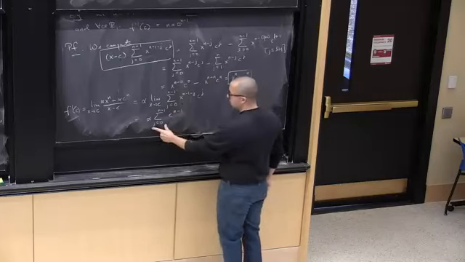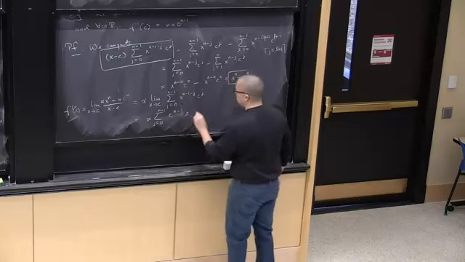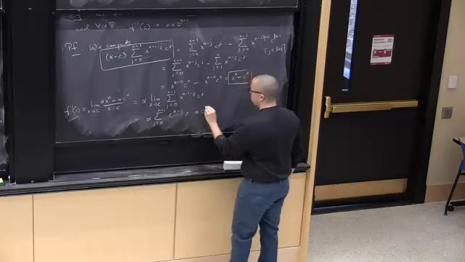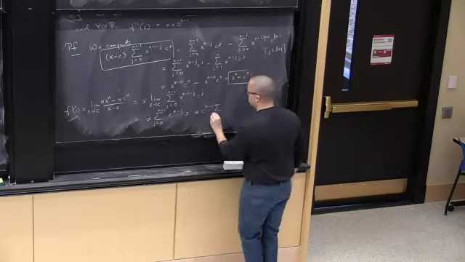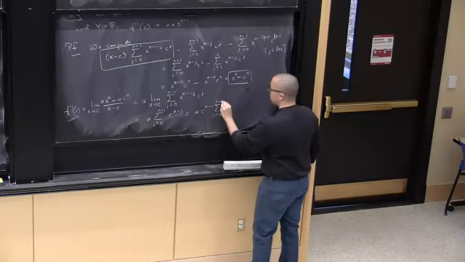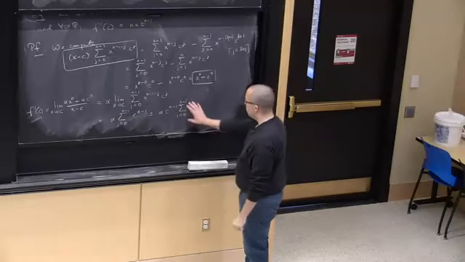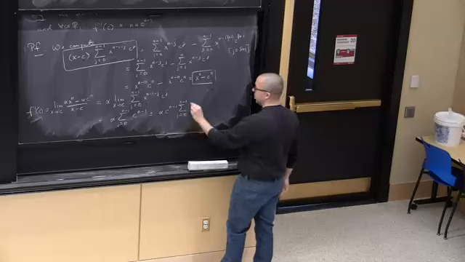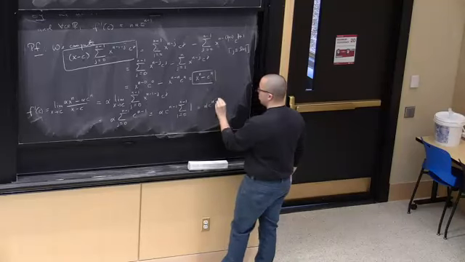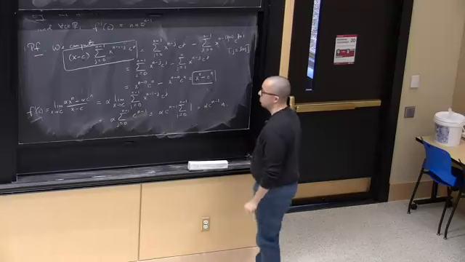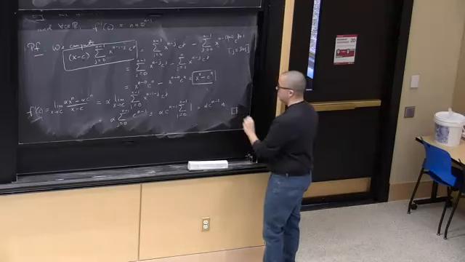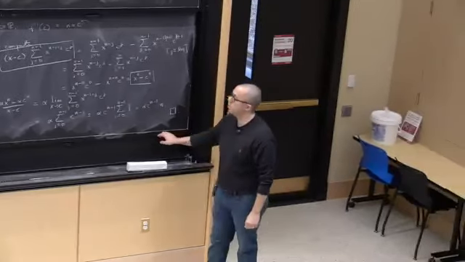I'm summing in j. There's no j here, so that just pops out, times the sum from j equals 0 to n minus 1 of 1. And there's n of them, so this is just n. And that's the proof. Okay, so I'm sure you saw that at some point.